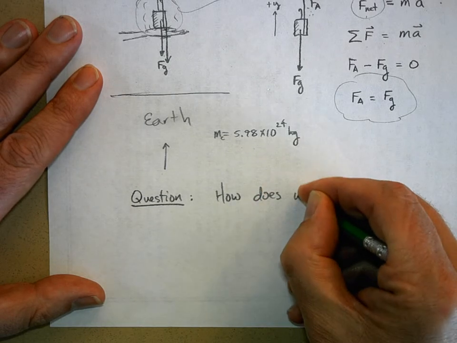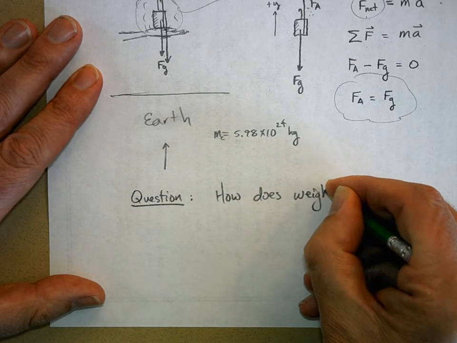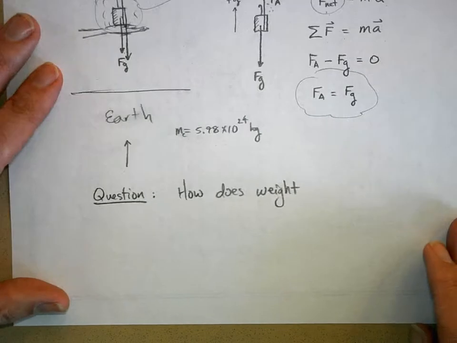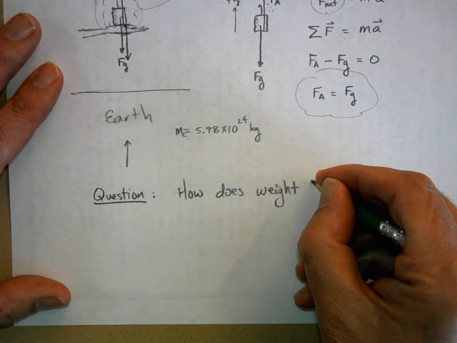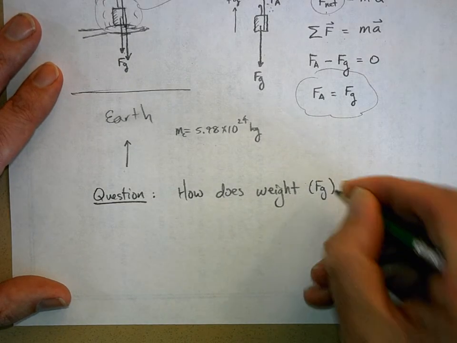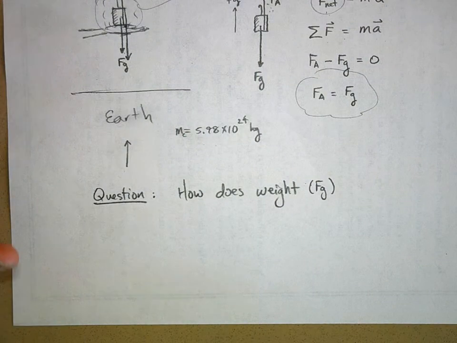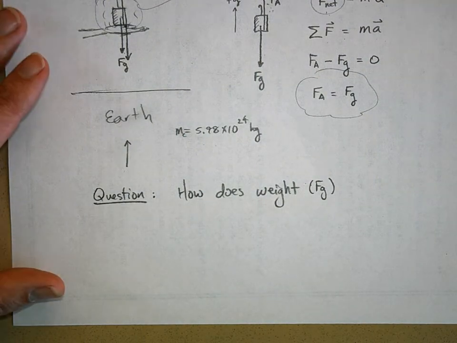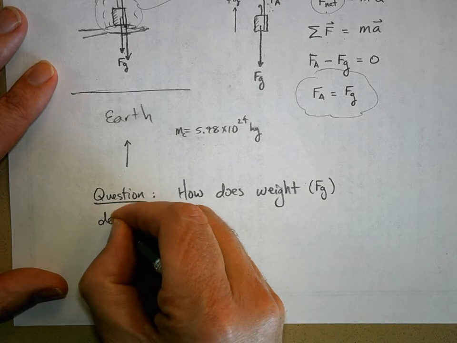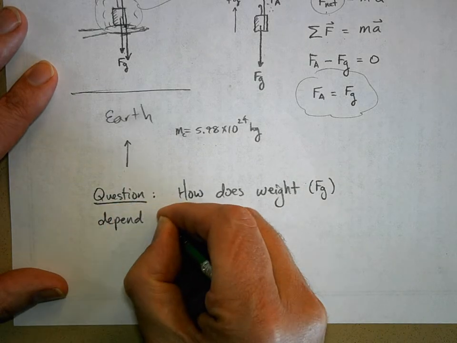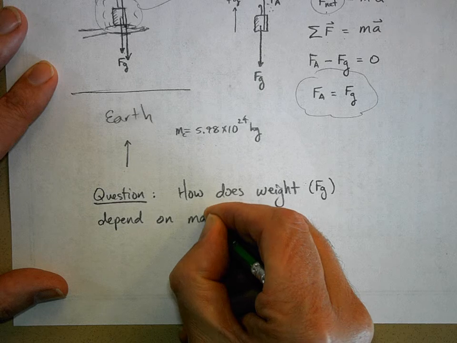How does weight, and we're going to use F sub g to represent weight. What does F sub g stand for? Force of gravity. Weight is the force of gravity. How does weight depend on mass?